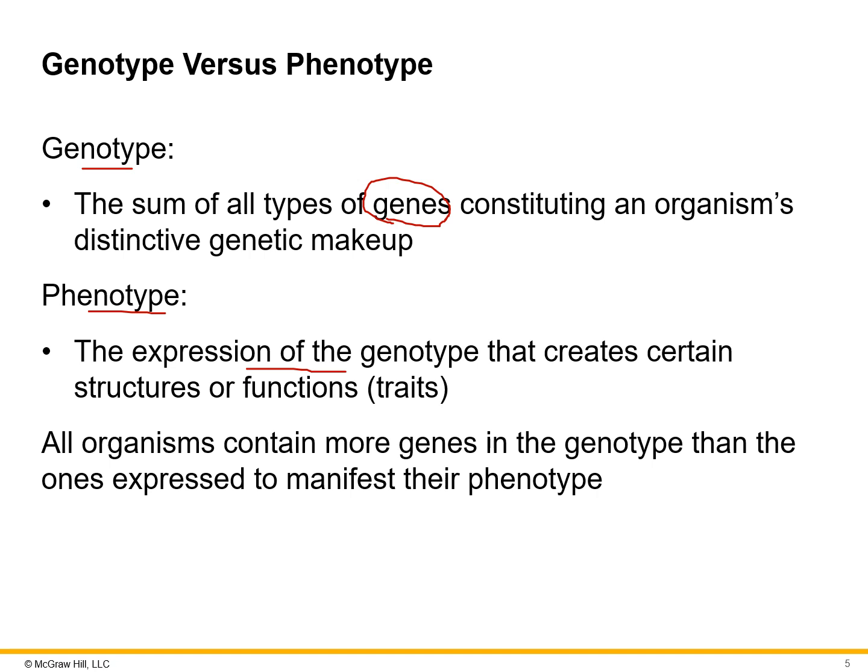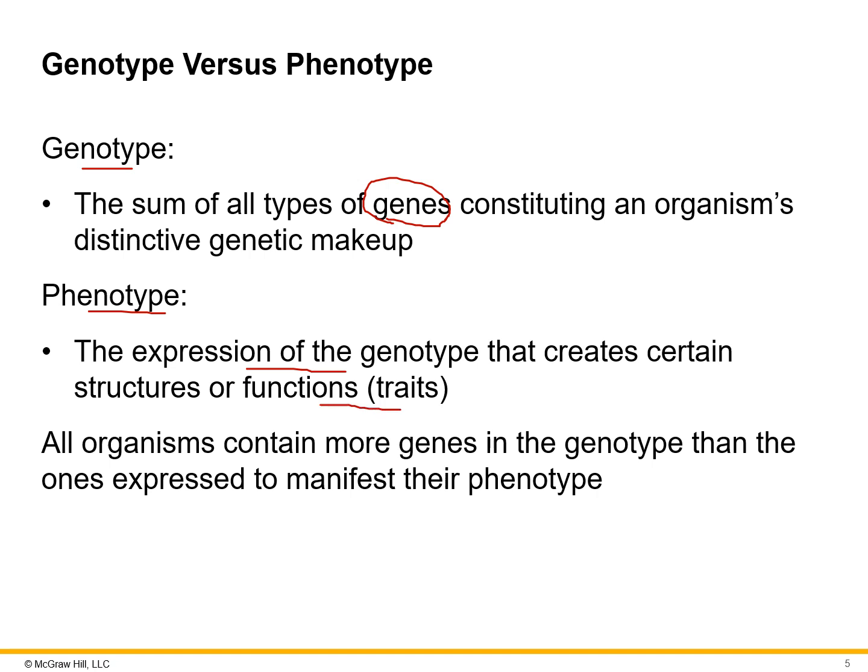So their cells have ways of expressing or turning on a gene to make a protein or to regulate something, or they have the ability to turn it off. So the phenotype is actually the expression using those genes to create a specific function or trait.